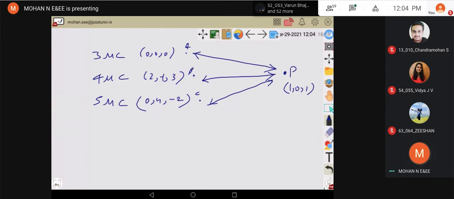So we have got the expression. That means you can solve the potential at P due to the A charge, the potential at P due to the B charge, and the potential at P due to the C charge.